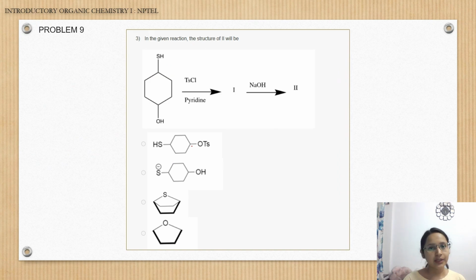So guys, we will quickly discuss these questions now. So here what is happening in problem number 9, they are asking, in the given reaction the structure second will be. Now you have to assign the structure second. So for assigning structure second, you need to assign structure first of all. So now tell me what is happening in the first step.